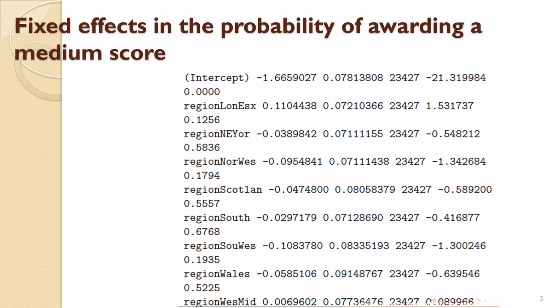So for the London Essex region, the p-value is 0.1256. The North East Yorkshire region, the p-value is 0.5836, etc. Now the thing to watch for here is that none of these are actually significant, because in each case either the p-values are bigger than 0.05 or the t-statistics are less than 2.